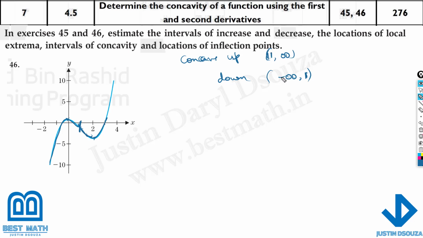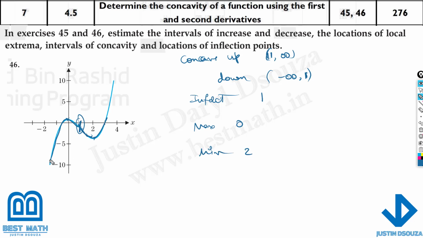So 1 to infinity would be upwards, downwards would be minus infinity to 1. Inflection point would be somewhere at 1, because we have already mentioned it. It's at 1 over here. And what else? Maximum point is at 0, max is at 0, minimum is at 2.